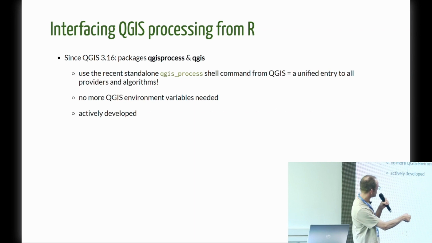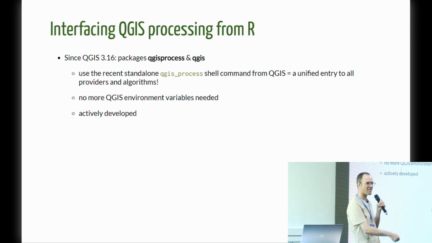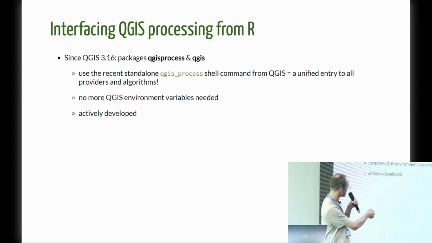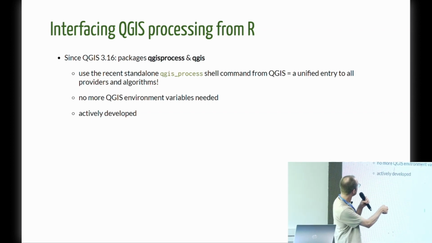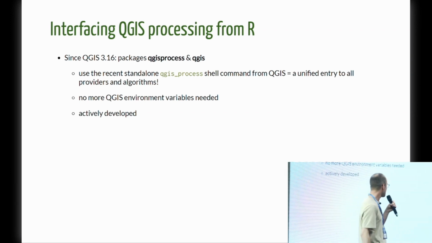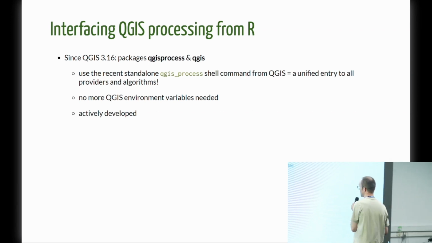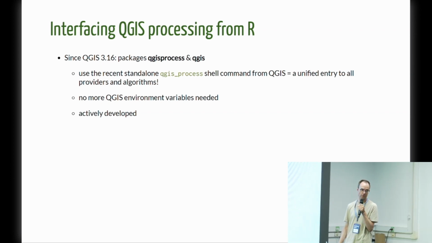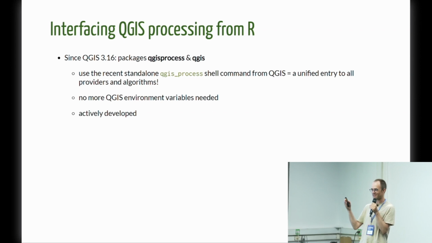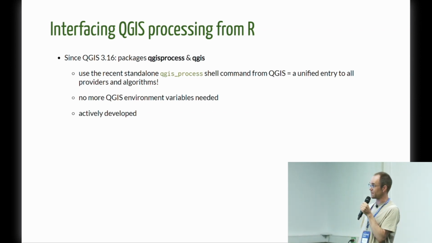It's the qgis_process executable, that's a shell command. So it's perhaps a little bit confusing because the package is called qgisprocess without the underscore, but that standalone qgis_process command allows access to all the algorithms that are exposed in this way.